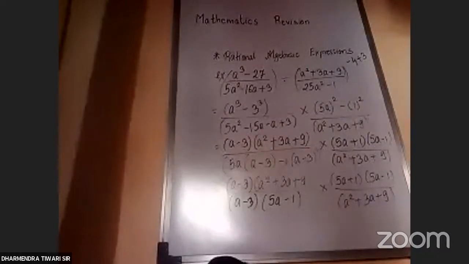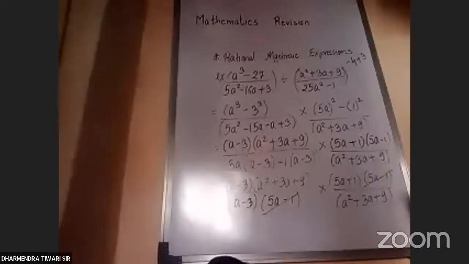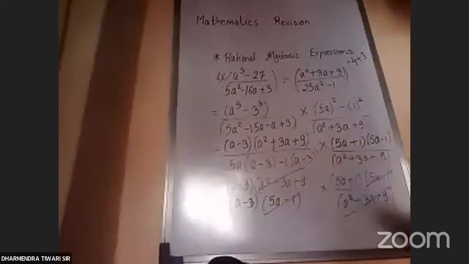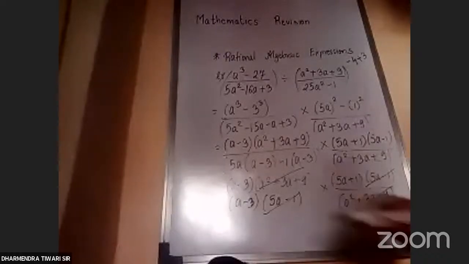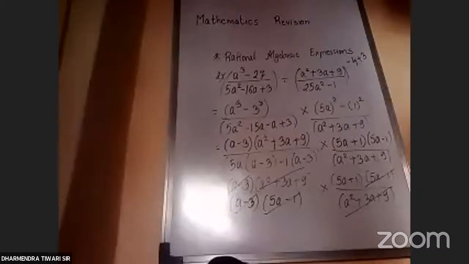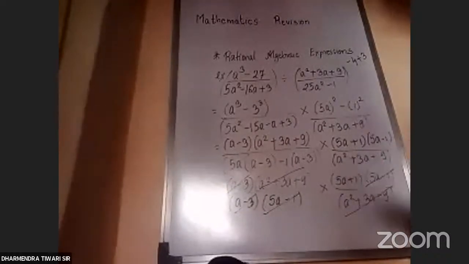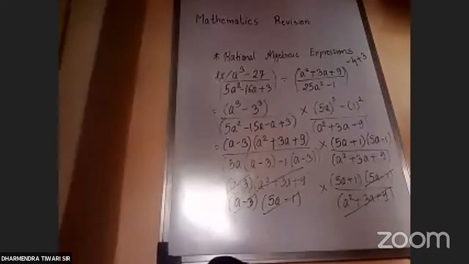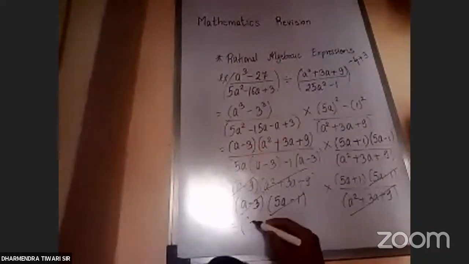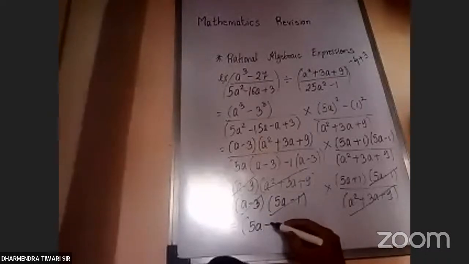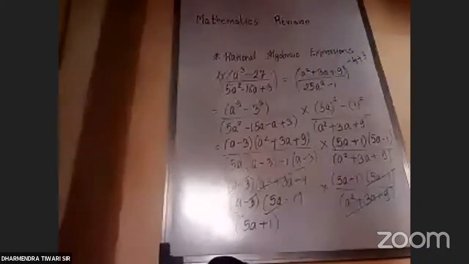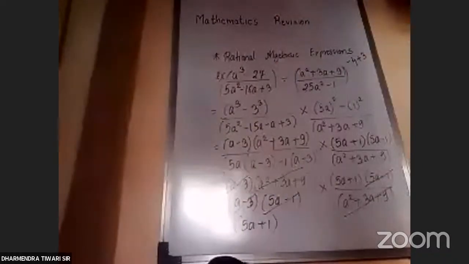What is our observation? 5a minus 1, 5a minus 1 gets cancelled. A square plus 3a plus 9, a square plus 3a plus 9 gets cancelled. A minus 3, a minus 3, every term gets cancelled except 5a plus 1. So my answer is 5a plus 1.